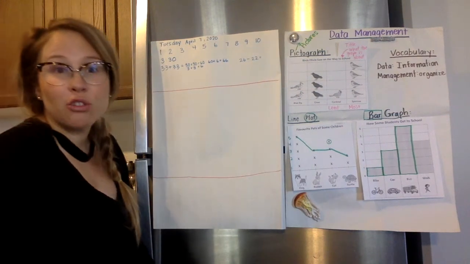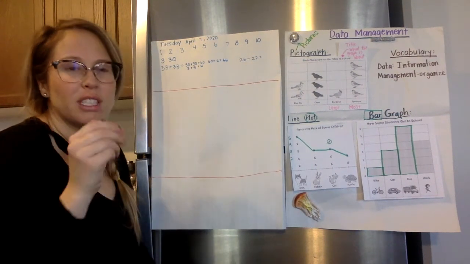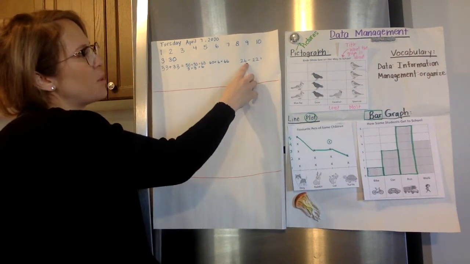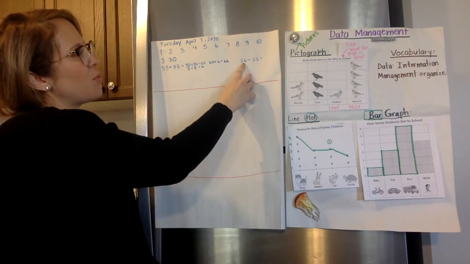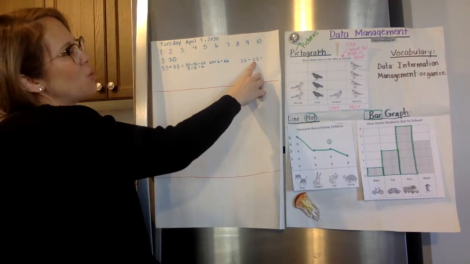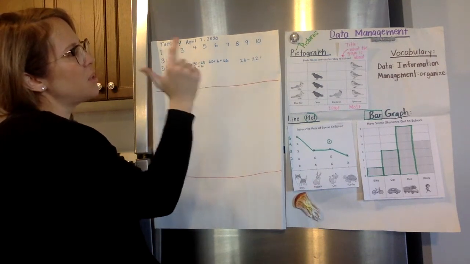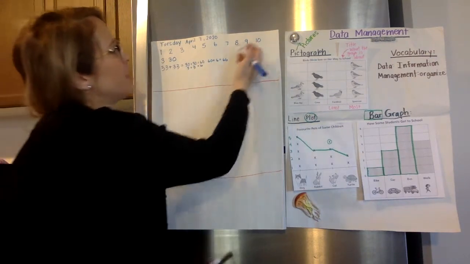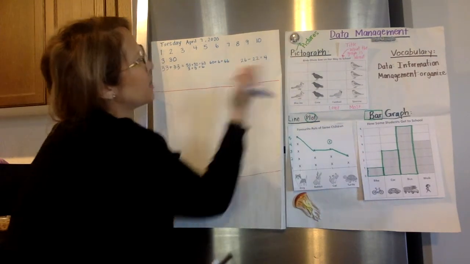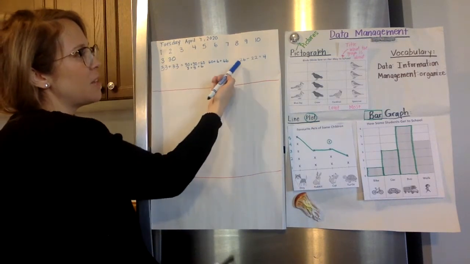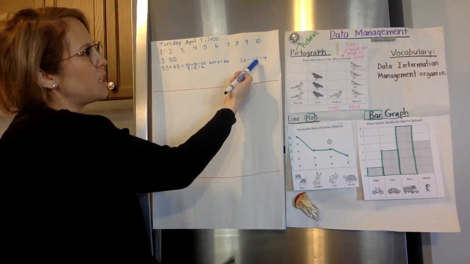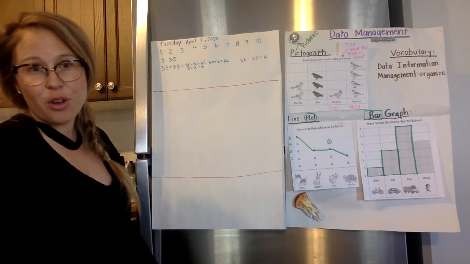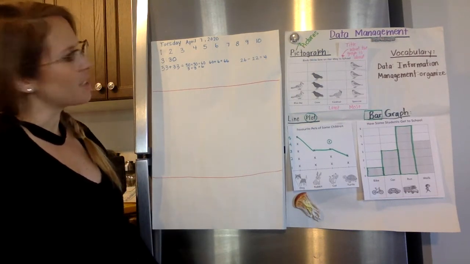Instead of me drawing 26 things and then crossing off 22 or trying to use my fingers, I can just count up what the difference is between 22 and 26. So I'm going to say 22, 23, 24, 25, 26. So the answer is 4. And with the inverse relationship, 4 plus 22, does that equal 26? Yes, it does. So I know that my answer is correct.